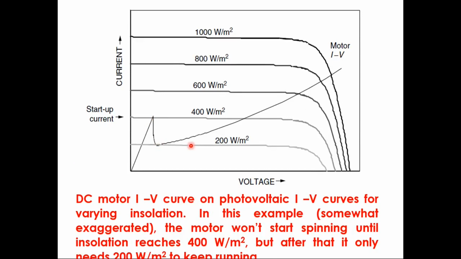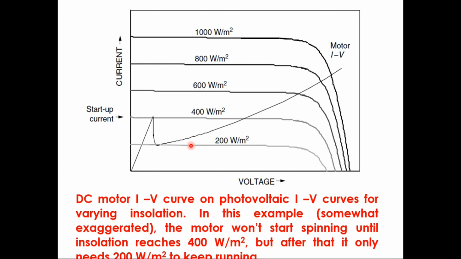The DC motor's particular IV curve is shown on the photovoltaic IV curve for varying insolation. This example is somewhat exaggerated because the motor won't start spinning at 400 watt per meter square, but somehow it gets a high starting current due to some control techniques or converters.